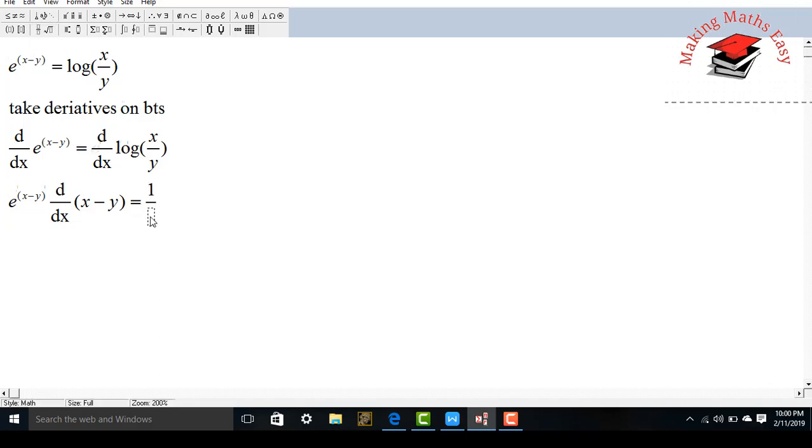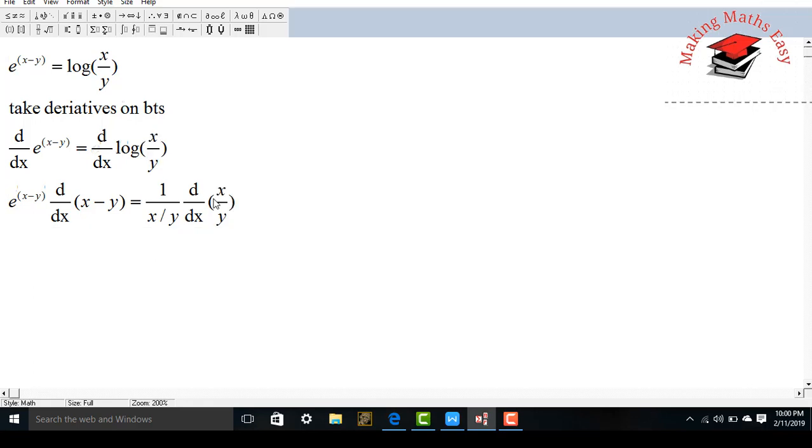I know that the derivative of log x is 1 upon x, so it will be 1 divided by x upon y, into the derivative of x upon y.